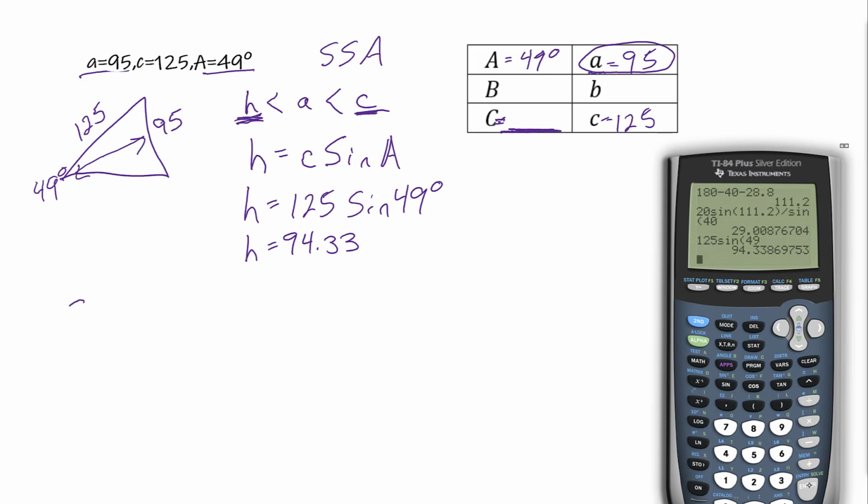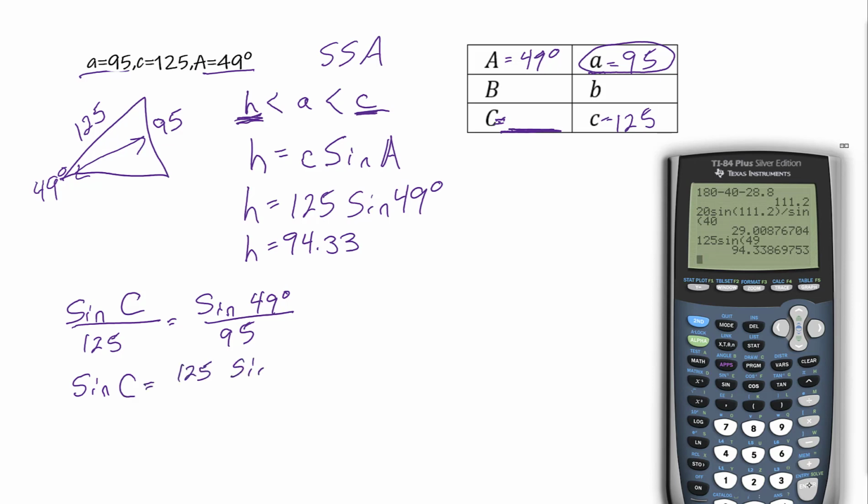So we have sine of C divided by 125 is equal to sine of 49 degrees over 95. So in other words, sine of C is 125 sine 49 degrees over 95.